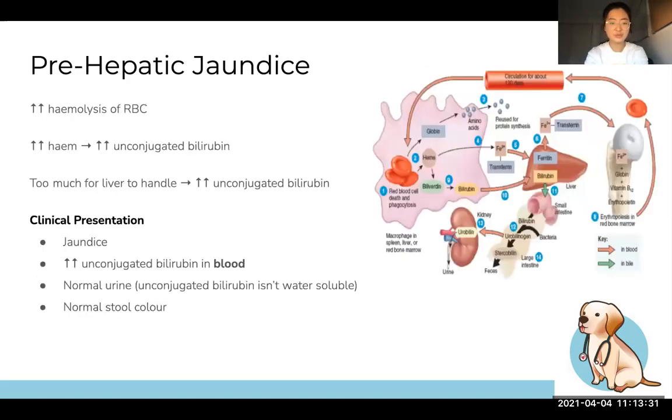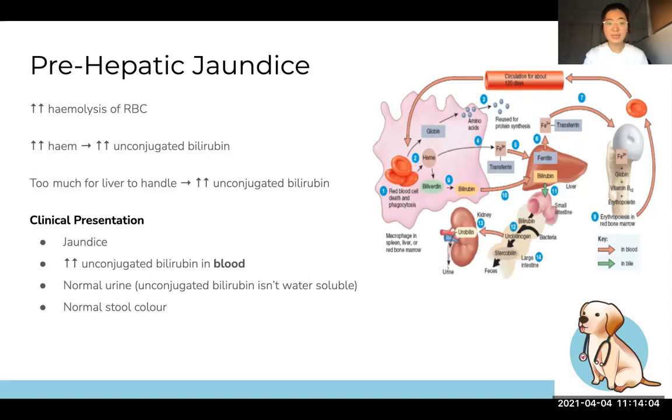So pre-hepatic jaundice, you guys will recognize this from a previous slide, but if you remember what happens, you've got your red blood cells breaking down, and then that will end up producing a lot of unconjugated bilirubin, which is later on conjugated inside the liver, and that conjugated bilirubin will then go on to become either your urobilin or your stercobilin, which is excreted in either the urine or your feces.